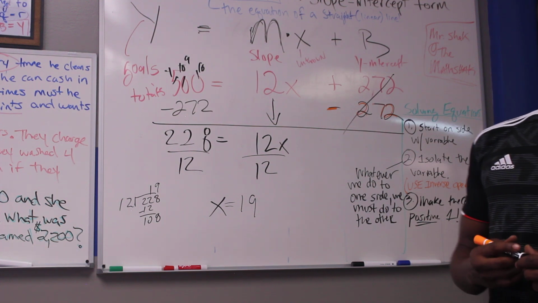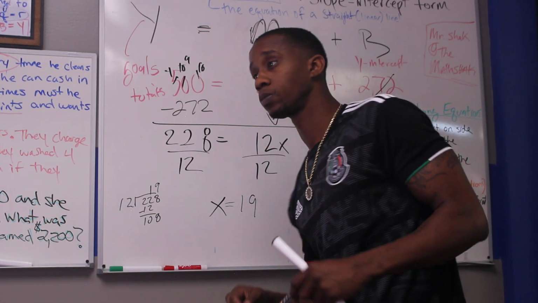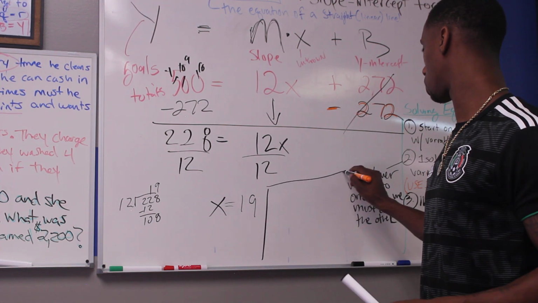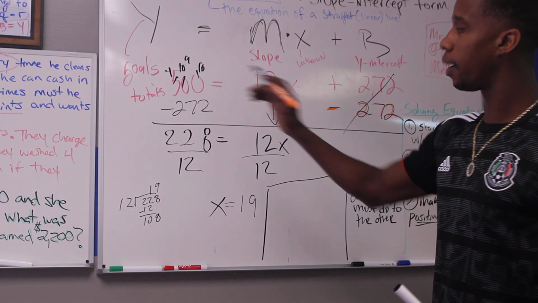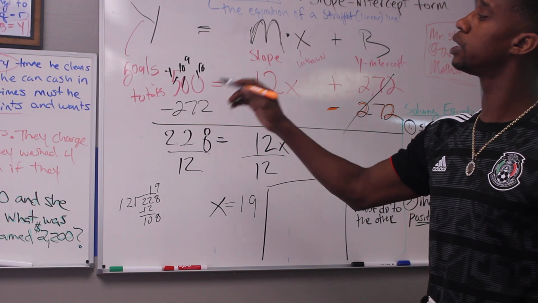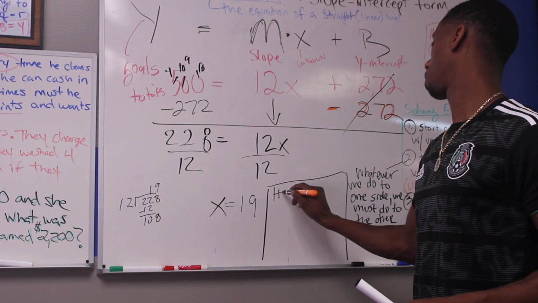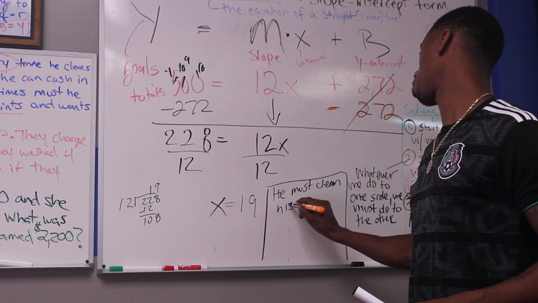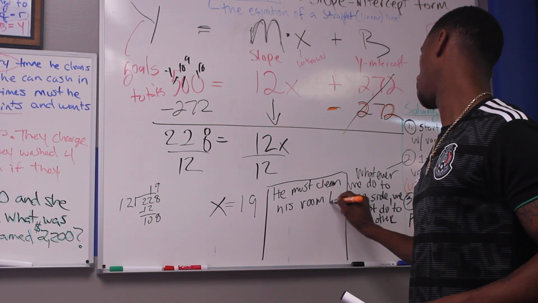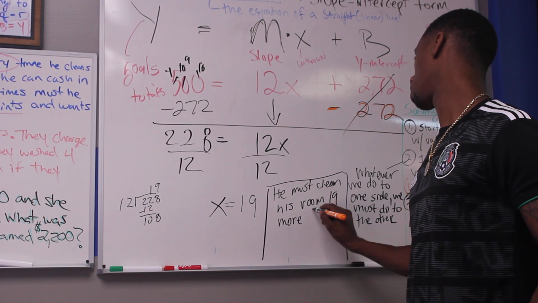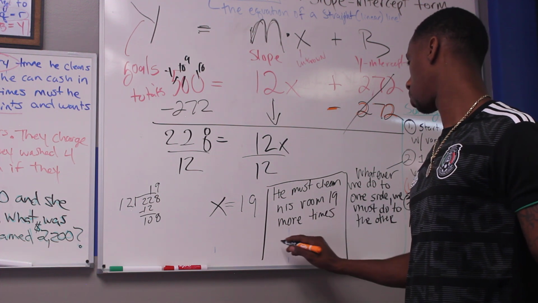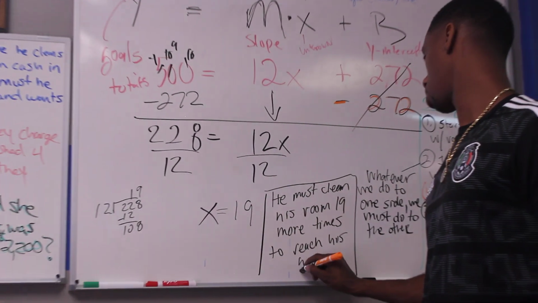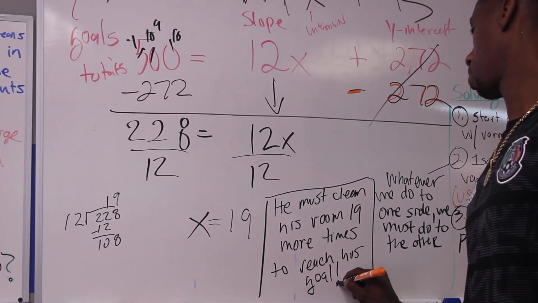A lot of students will think they're done and be like, oh yeah, 19, I'm done. But I encourage all my students to put their answer in a complete sentence. So 19 what? How many more times must he clean his room to reach his goal? He must clean his room 19 more times to reach his goal. Done.